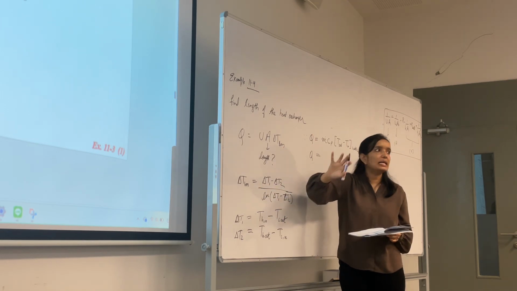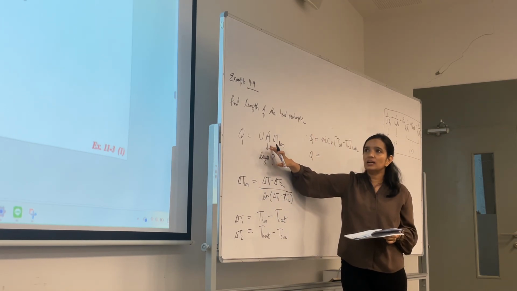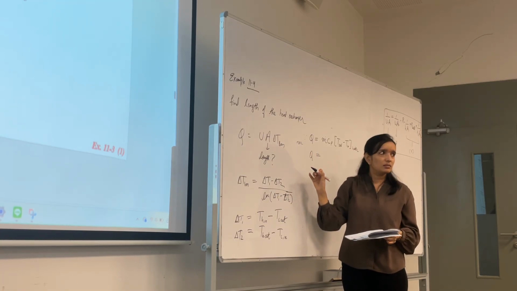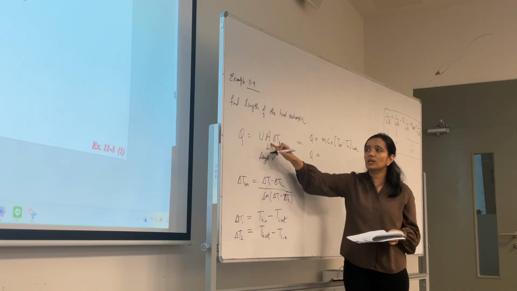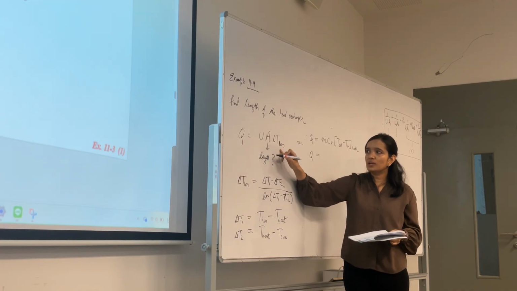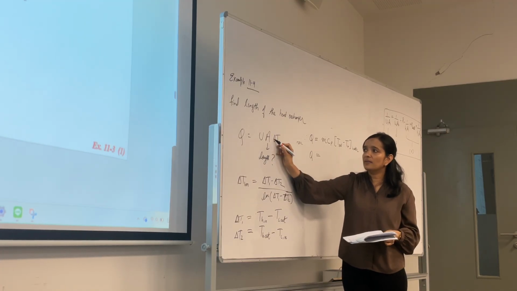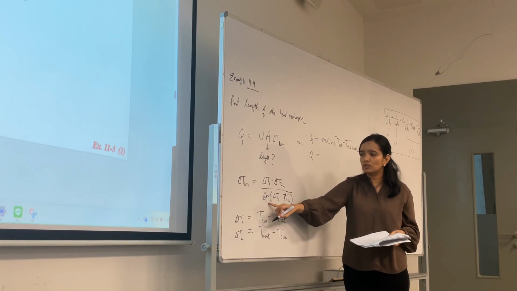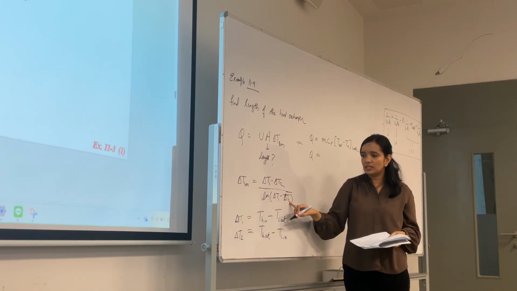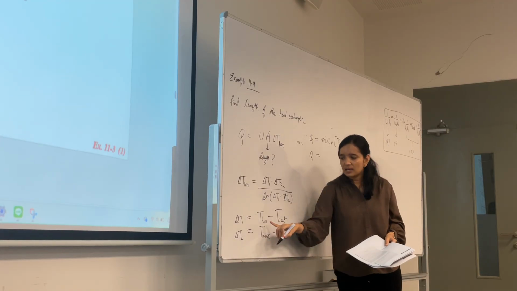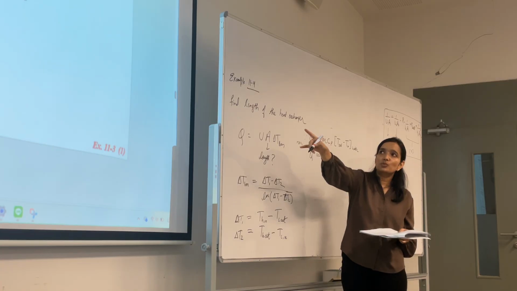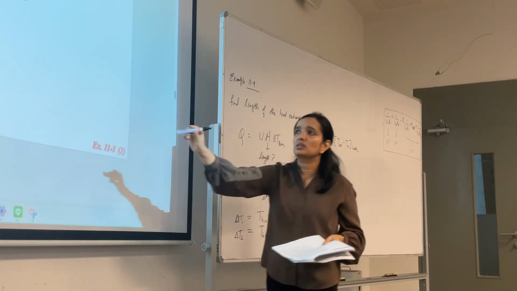The question is asking for length. If we have the area, this is a cylinder, area is pi d L, we can calculate L. But we don't have the area, right? So we start from here, we need ΔT_m, and we don't have ΔT_m. ΔT_m in counterflow is ΔT1 minus ΔT2 over ln of ΔT1 over ΔT2. We know ΔT1 is hot in minus cold out, and ΔT2 is hot out minus cold in. In the diagram, we don't have this temperature.